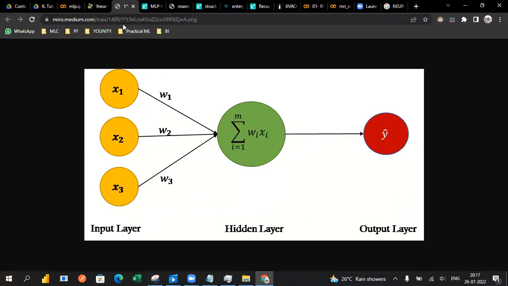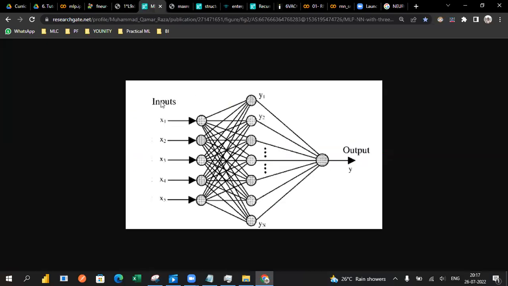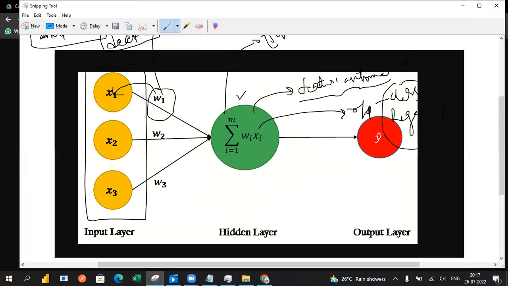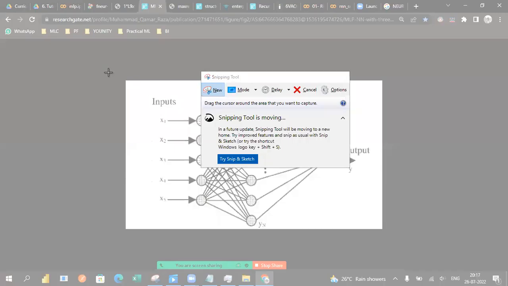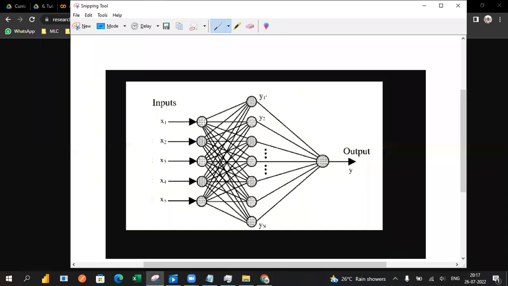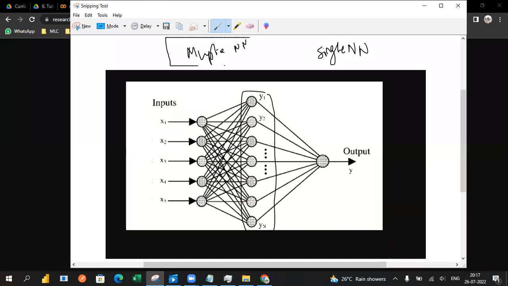If you take this consideration for the multi-layer perceptron, with more hidden units, and look at this diagram, you can understand we have so many hidden layers here compared to that single neural network. This one we can call a multiple neural network, or for short, MLP, which is nothing but multi-layer perceptron.